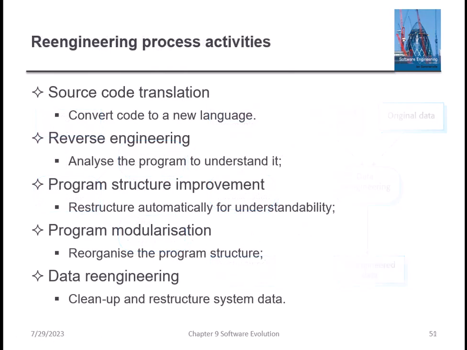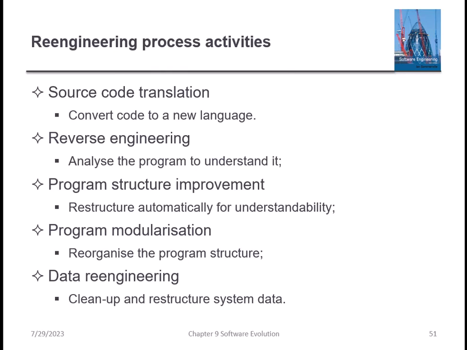So re-engineering process activities are the source code translation, which means converting the code to a new language. Source code translation can also be possible without a new language, but mostly it is converted to a new language. Reverse engineering analyzes the program to understand it.